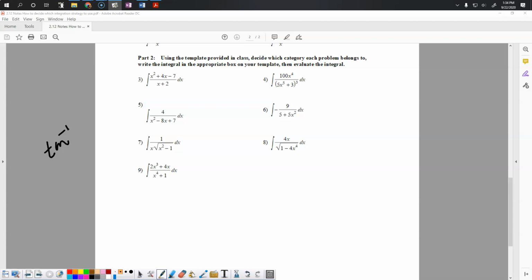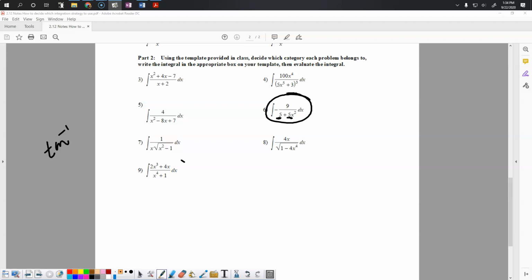The answer is number 6. Now the problem is we do have 2 numbers being added together on the bottom, but they're not perfect squares. Like 5 is not a perfect square, but believe it or not, that's okay. We'll work with that. We can actually factor it out. So there's our arctangent right there.